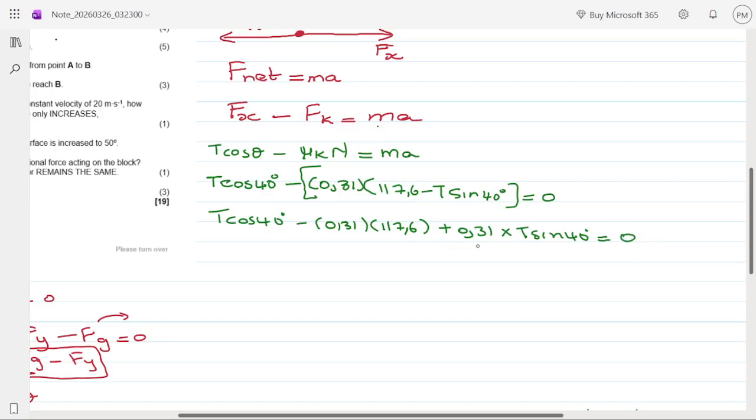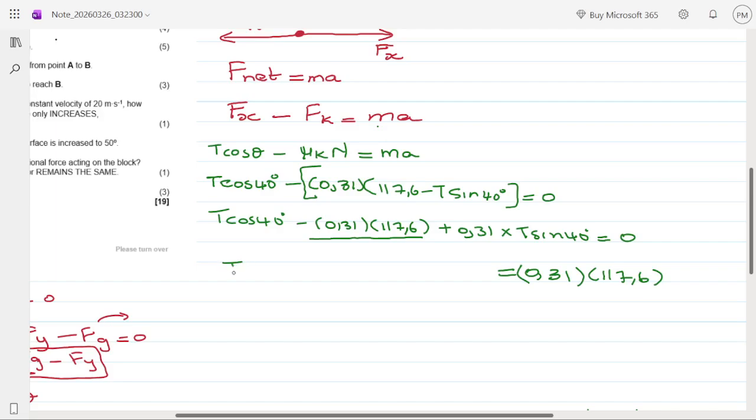So I'm going to take these two terms to the other side to be positive. I'll explain why I need it to be positive. So we equate this to 0.31 times 117.6. I'm not going to use a calculator for now.